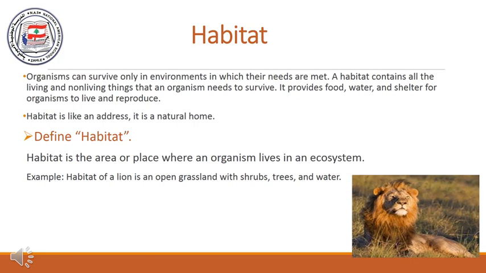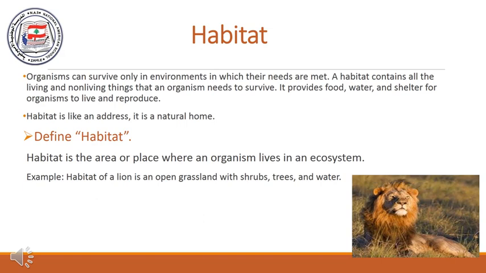You live in your home. Do you know where animals and plants live? Just like you have a house to live, so do animals and plants. So let's discuss, where do animals live? Habitat. Organisms can survive only in environments in which their needs are met.